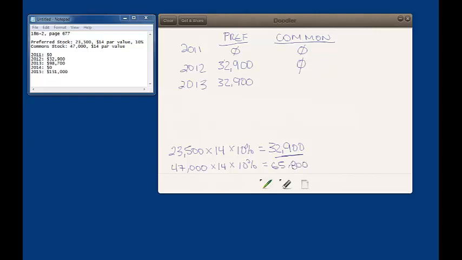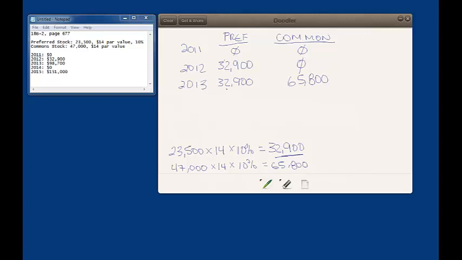Okay, so at this point we determine if we move on to step 3. So do we have any more dividends to distribute? So far, let me just put this up, 65,800. Okay, so can we move to step 3?